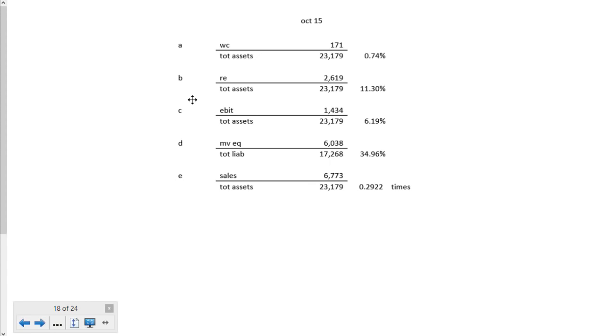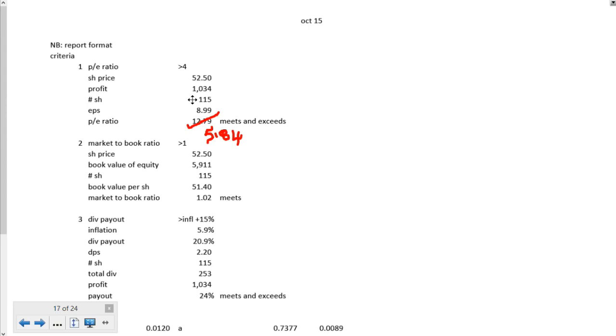Then the second one, the market value, is what they've given us, 52.50. So it's 5250 divided by 51.4. Market 5250, book 5140.